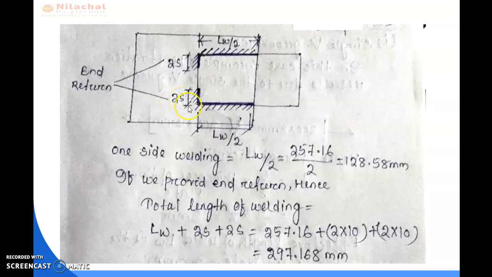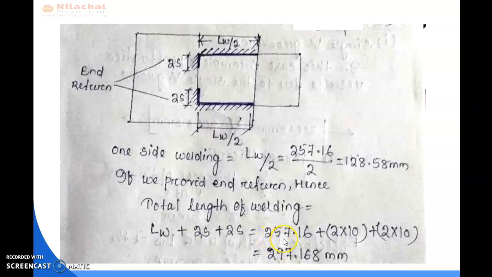In case of sidewise welding, the total length of the welding is the effective length of the weld plus one end return, which is 2s, plus another end return, which is 2s. Just put the values.